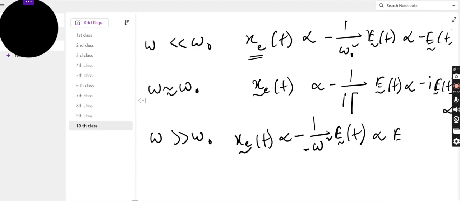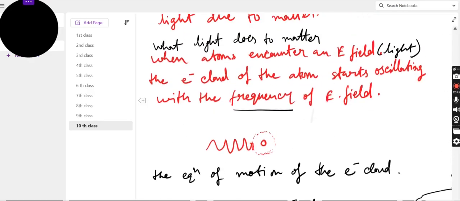So in every case, we have seen that the electron cloud of the atom starts oscillating with the frequency of the electric field, but the amplitude can vary. And when the frequency of the electric field and the natural frequency of the electron are equal, then we get the resonance condition.